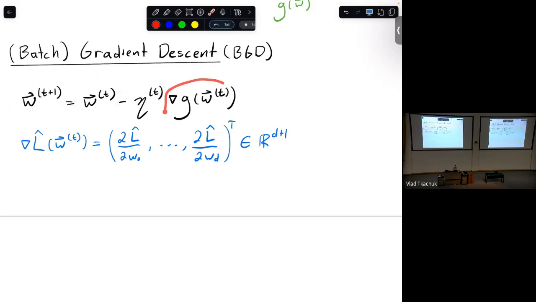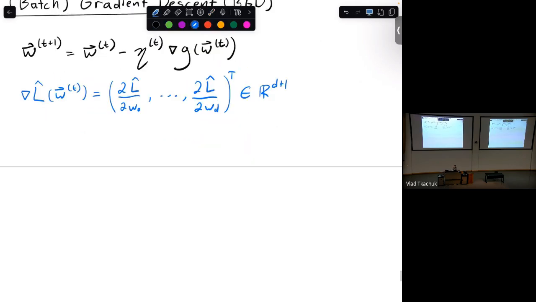So of course, this should also have d+1 dimensions, because the way the update works is you take every dimension and element-wise do the updates, right? Okay. Now I just plug in the definitions of these partial derivatives from the previous class.